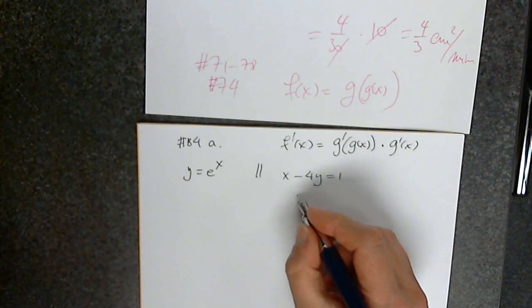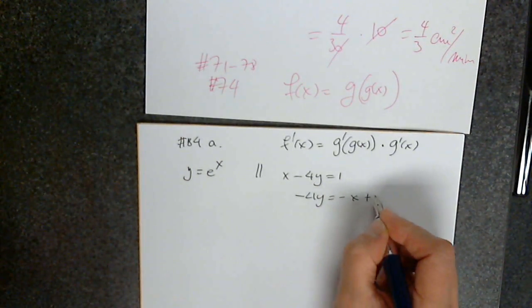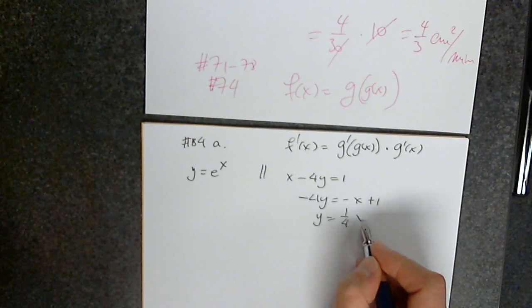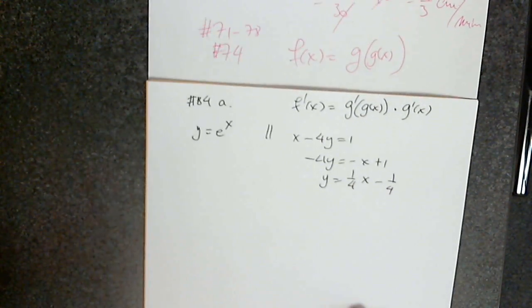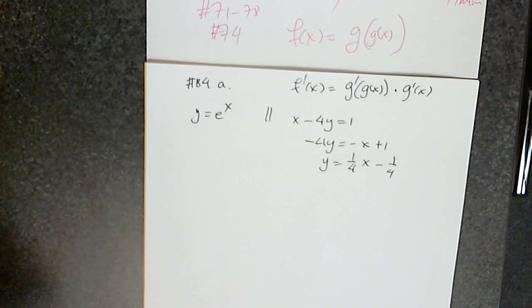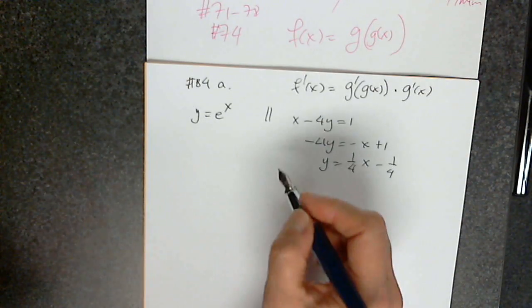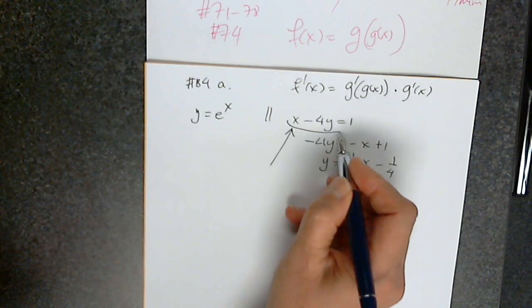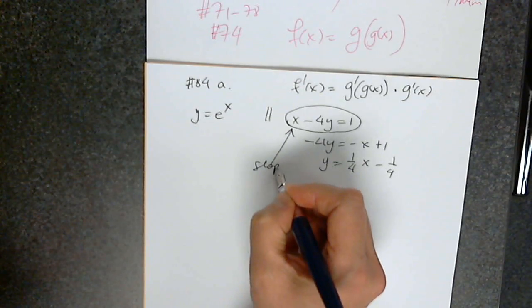So I have negative 4y equals negative x plus 1, y equals 1/4 x minus 1/4. So what is the slope of this line? 1/4.